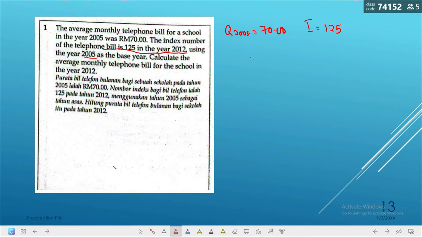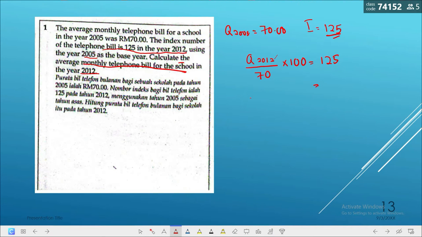So we need to find the bill for 2012, and the base is 70, times 100, equals the index already given, 125. They ask you to calculate the average monthly telephone bill for the school in the year 2012, so we are calculating for 2012 but using 2005 as the base year.